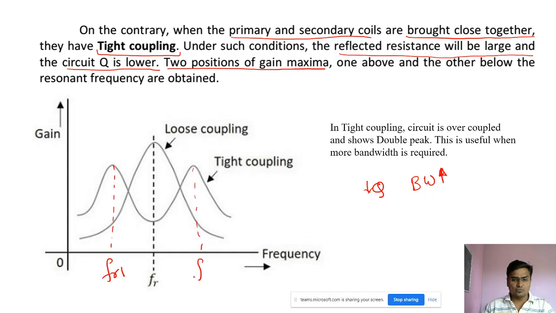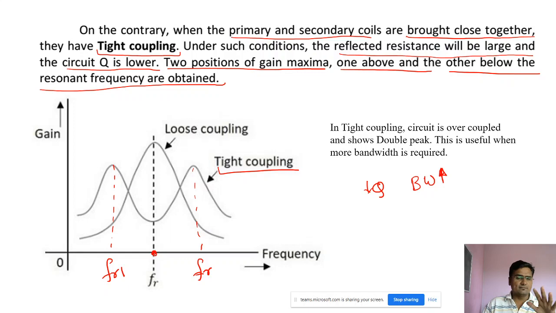At tight coupling, look at this, there are two positions of gain maxima, one above and the other below the resonant frequency. If this is your resonant frequency, the frequency of the tank circuit you have connected, then at some higher frequency I'm getting maximum gain, and at some lower frequency I'm also getting maximum gain. That's what happens when I tightly couple two inductive coils.